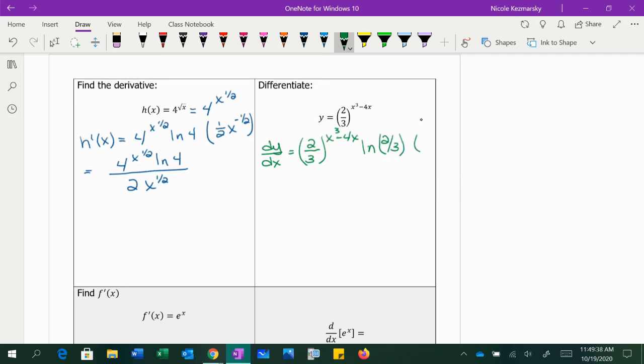And then the derivative of my exponent, which is 3x squared minus 4. And to clean this up just a little bit, it's hard to clean up exponential stuff, but I'm going to clean it up just a little bit. I'm going to bring the 3x squared minus 4 to the front, and then 2/3 to the x cubed minus 4x, and then natural log of 2/3.